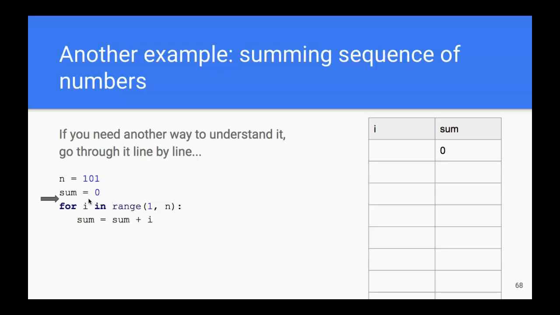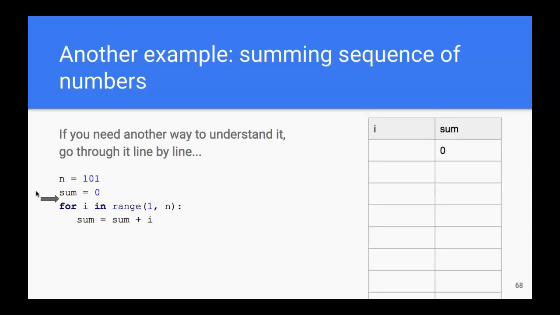Instead, we're just going to step through the code line by line, and at the end of each line, we look at what the variables are, what values they hold, and hopefully that would give you an idea of how this works.